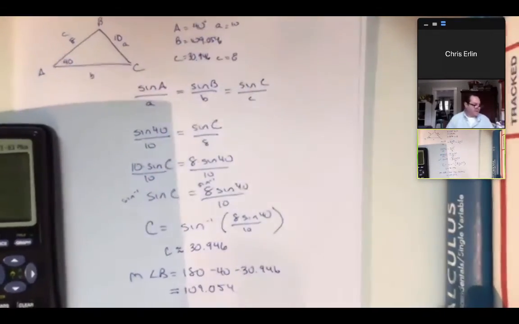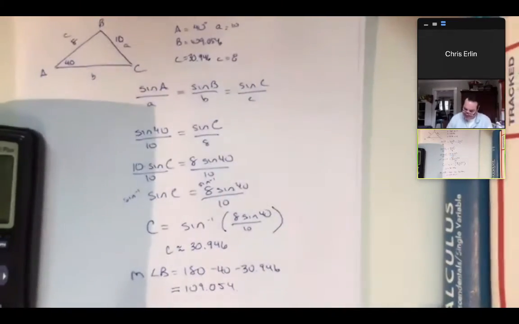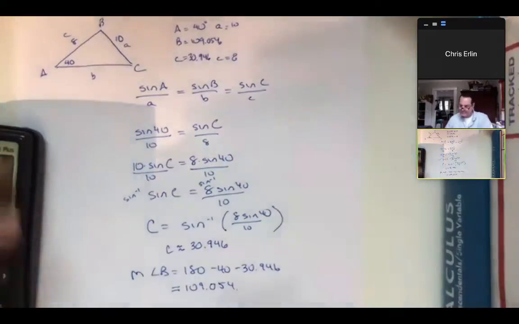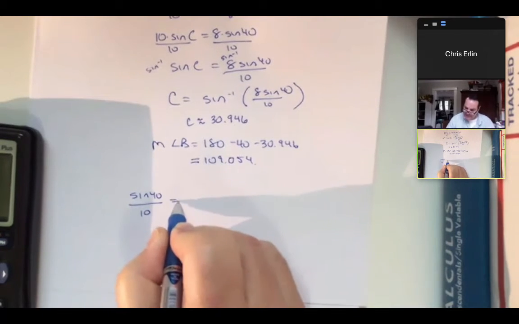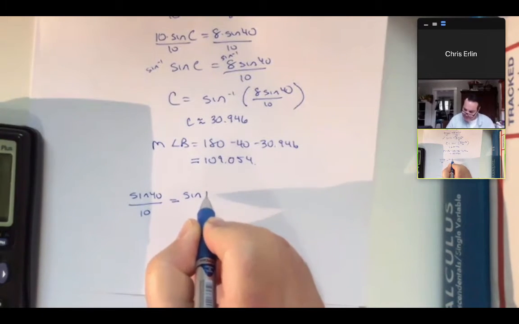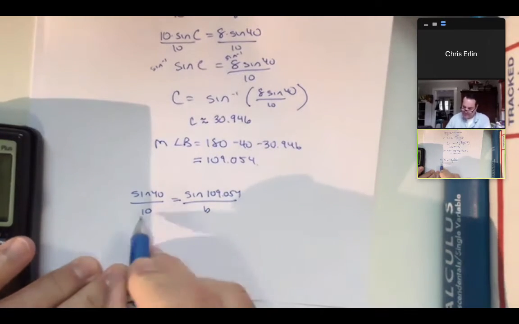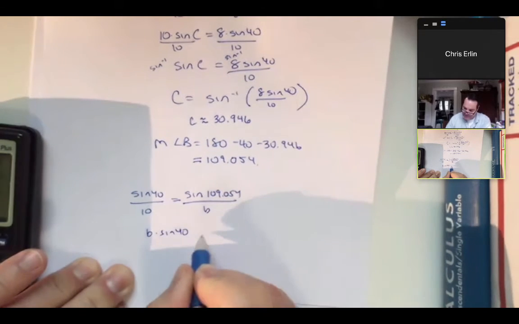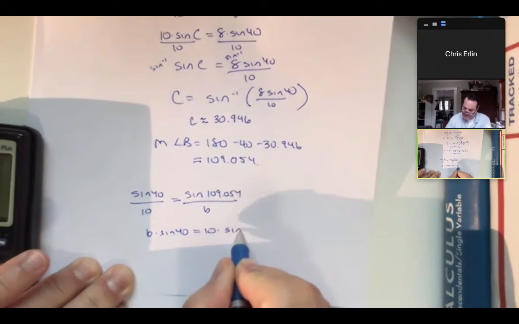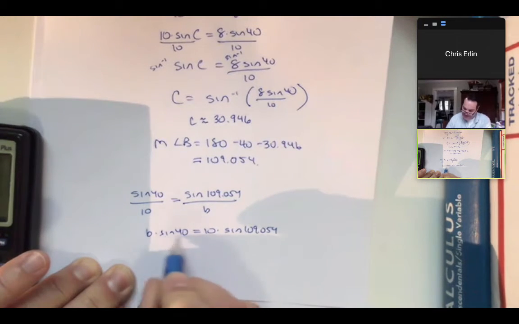And with that value, I could now plug in to find b. I could set up the sine of 40 is to a again as the sine of our new B angle is to our unknown b. Cross multiply and solve. I get that b times the sine of 40 is equal to 10 times the sine of 109.054. And this time I'll have to divide by the sine of 40.